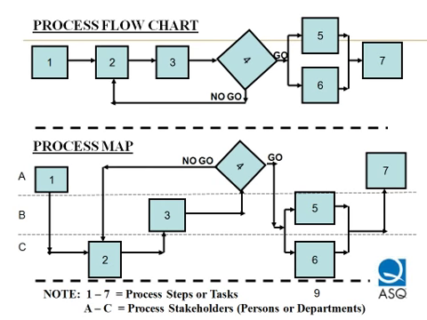If it's acceptable and we go into a go mode, we go to steps 5 and 6, with stakeholder B responsible for 5 and stakeholder C responsible for 6. As I said earlier, 5 and 6 are started at the same time, but both have to be complete before we can move on to step 7, which goes back to stakeholder A.